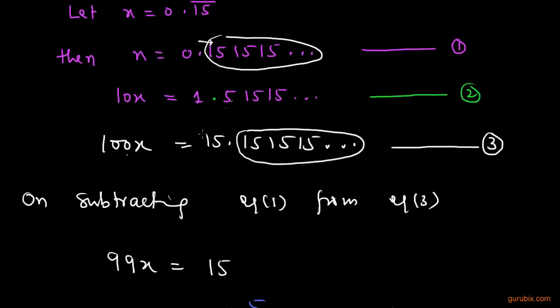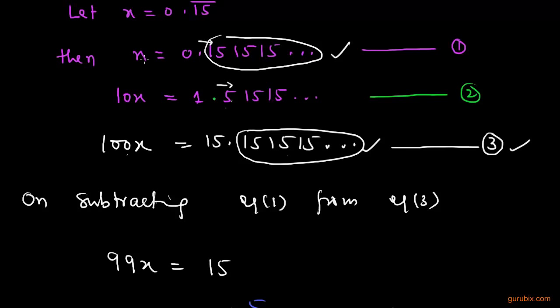We get 100x, and the decimal point will move one place once again to the right, so it will be 15.151515. And what we observe now is that the decimal part of this equation and this equation are the same, so we can subtract equation 1 from equation 3.